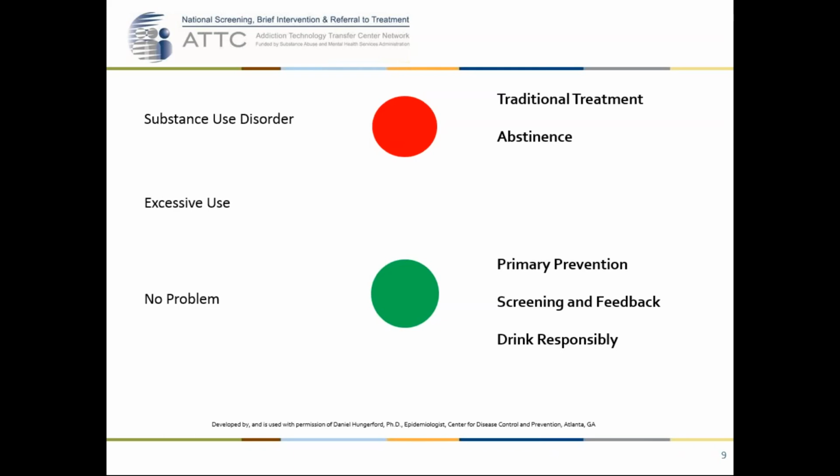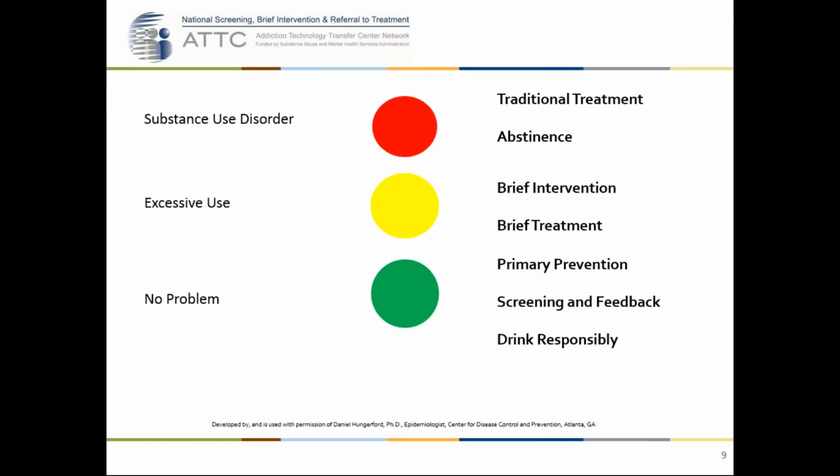And then where you really see the evolution of our thinking is the excessive use. So this is the at-risk, heavy use, at-risk use, binge drinking. We call it lots of different things, excessive, harmful use. And what the SBIRT model helps us do is have a framework for providing brief interventions at the right level of risk.